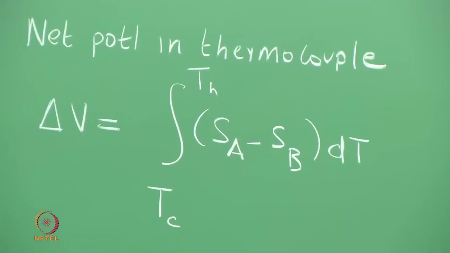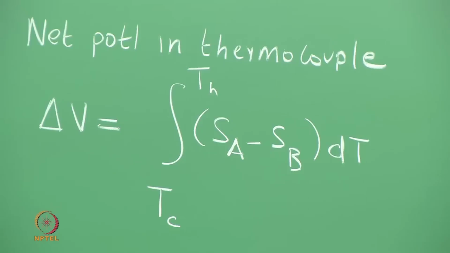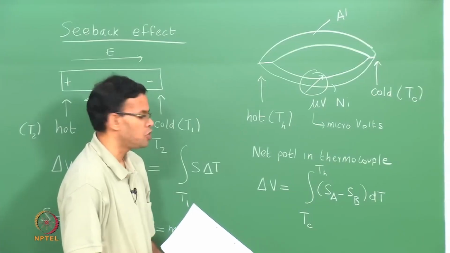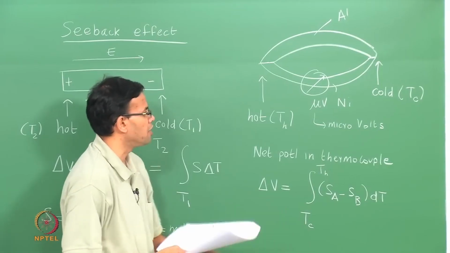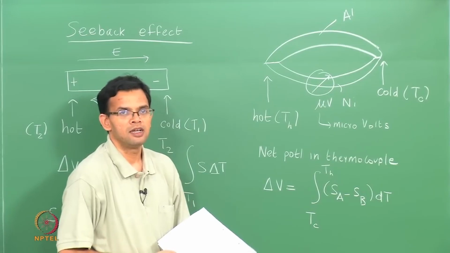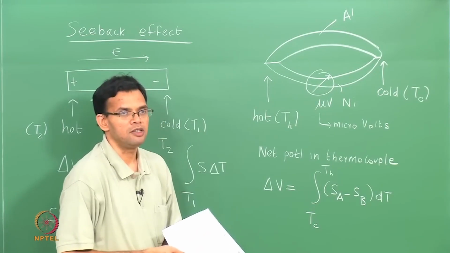So, depending upon the temperature and the difference in the Seebeck coefficients, you will have a net potential in the thermocouple. Usually there are tabulated values for this potential for a given pair of materials. This will again depend upon the operating range of these materials.